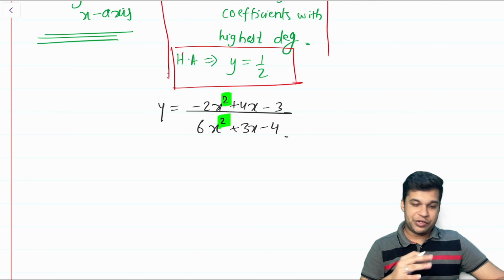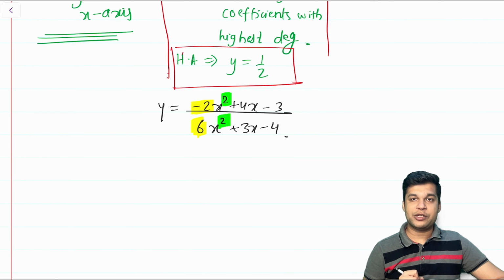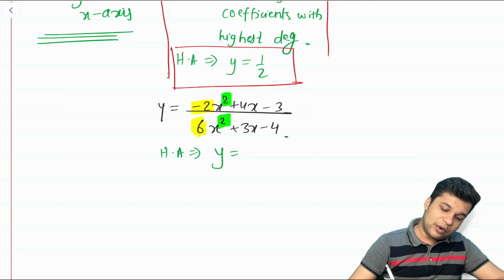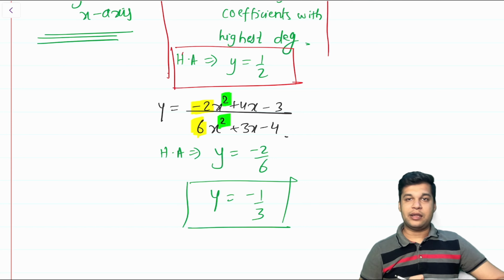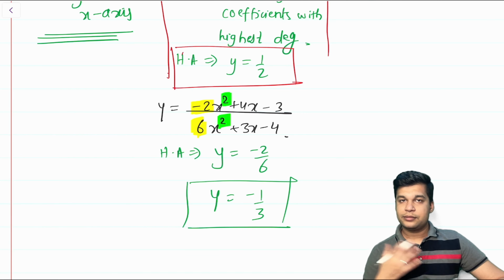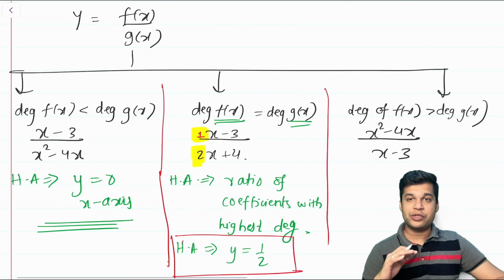So you check the coefficients. The coefficients are minus 2 and 6. So the horizontal asymptote over here will be y equal to minus 2 by 6, so y equal to negative 1 by 3. Okay, so this is how you find the horizontal asymptote. This was your second case.